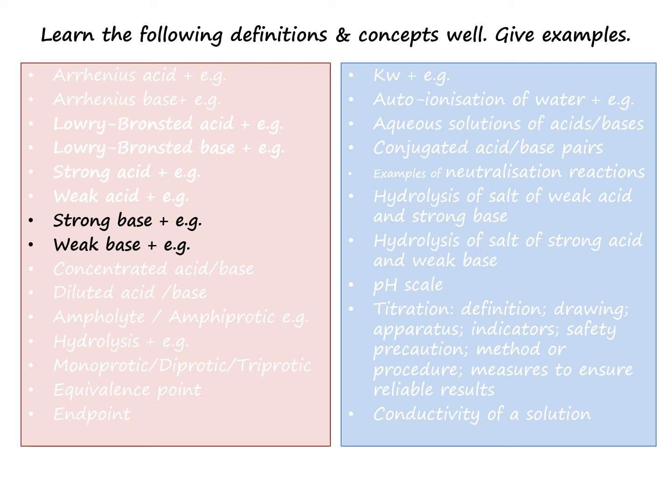A weak base dissociates incompletely in water to form a low concentration of hydroxide ions. Examples of weak bases are ammonia, NH3, calcium carbonate, CaCO3, potassium carbonate, K2CO3, and sodium bicarbonate, NaHCO3.